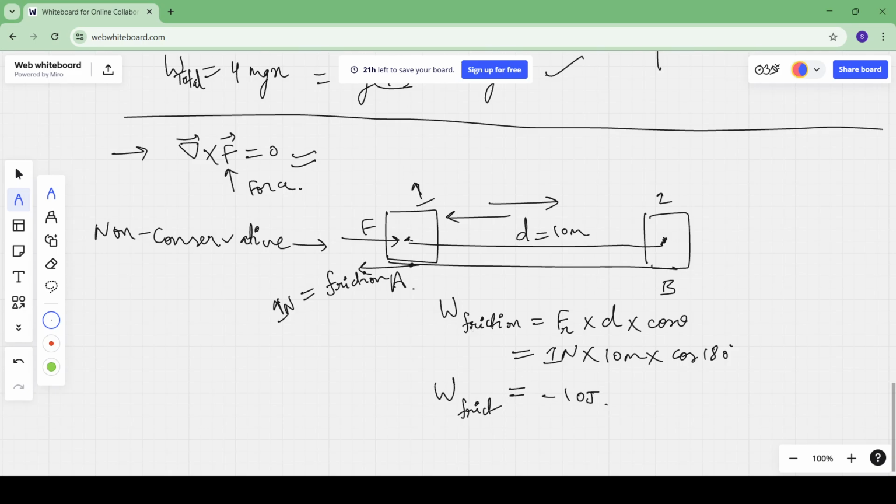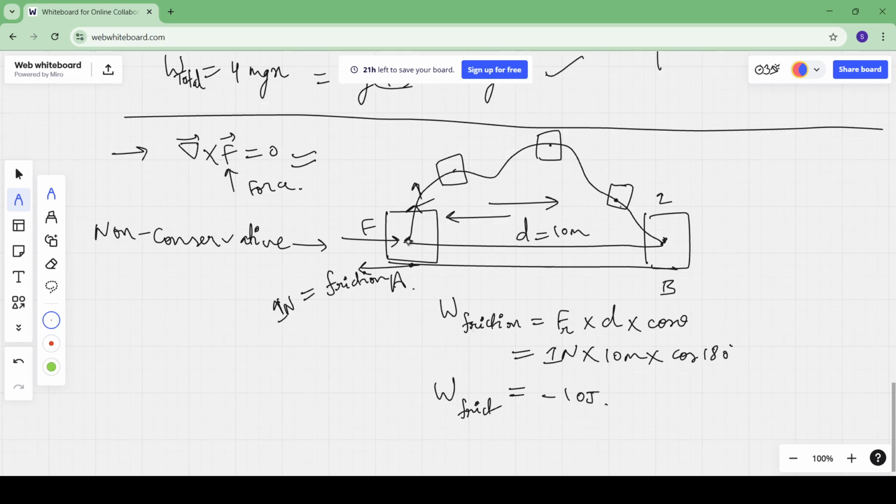Now, as I've already told you, if I change the path, keeping the initial and final point the same, and move the block along this path like this, then intuitively you don't need to calculate anything.